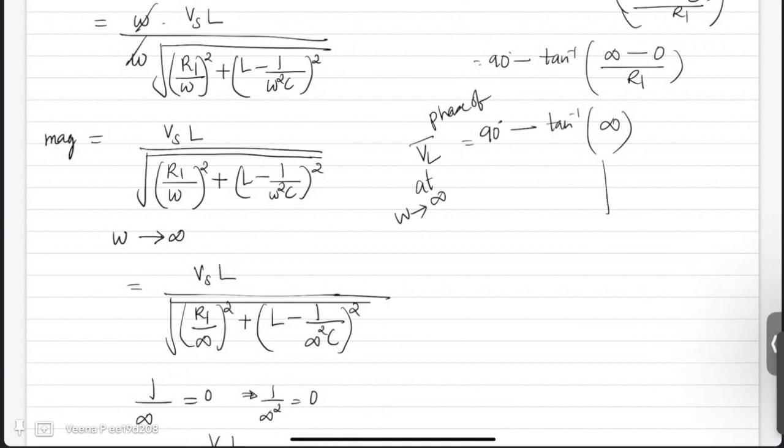Now tan inverse of infinity: if you see the tan curve, 90 degree and minus 90 degree, this is theta and this is tan theta.